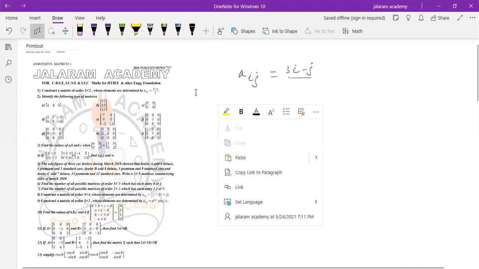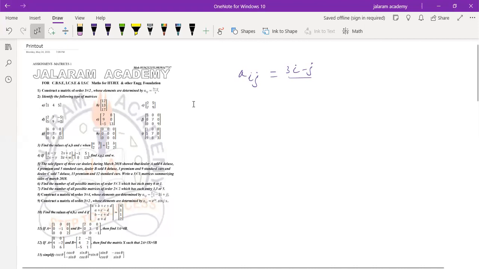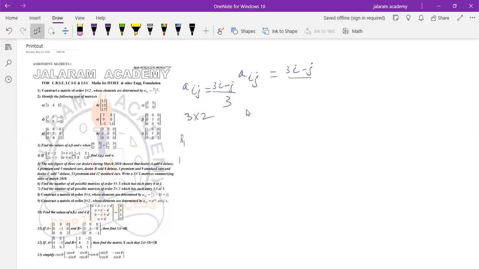So what will be the answer? Can you determine? Can you find the answer? Aij equals 3i minus j upon 3. And order is 3 cross 2. Means it must have 3 rows, R1, R2, R3, and 2 columns, C1, C2.